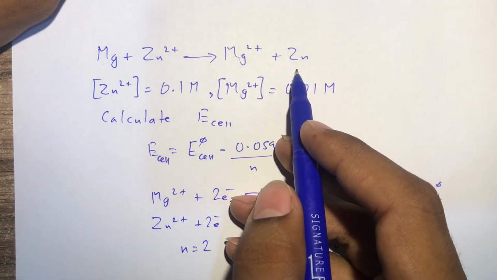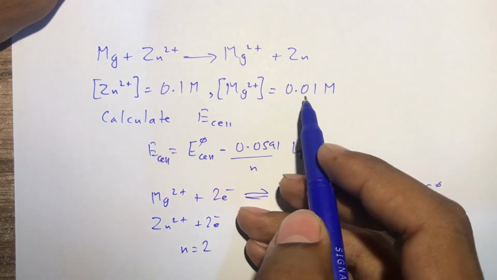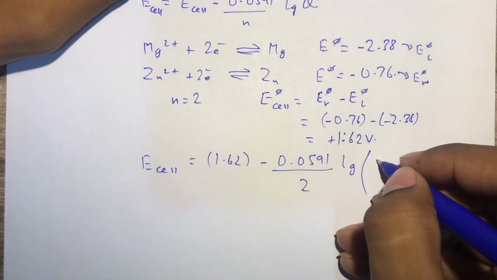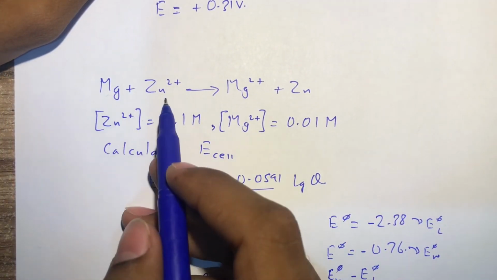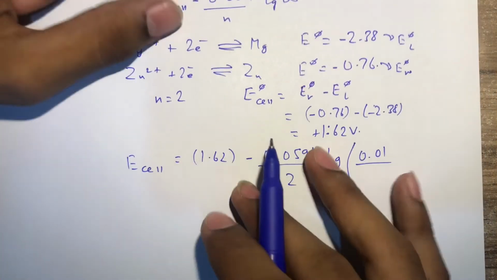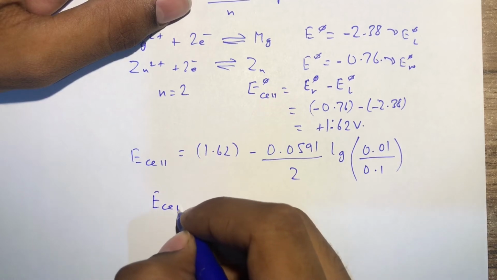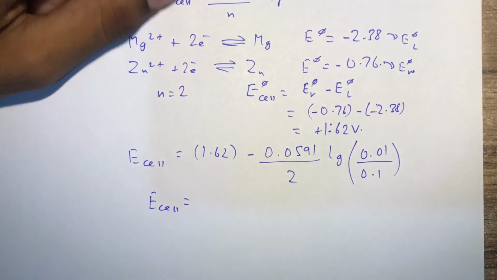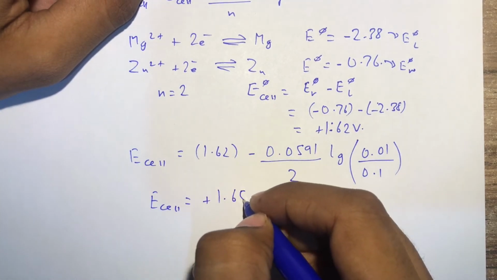In products, zinc is solid, magnesium 2+ is aqueous. We will ignore zinc. Magnesium 2+ is 0.01 molar. In reactants, magnesium is solid, we'll ignore that, and Zn2+ is 0.1 molar. You solve this, you'll get the answer plus 1.65 volts.